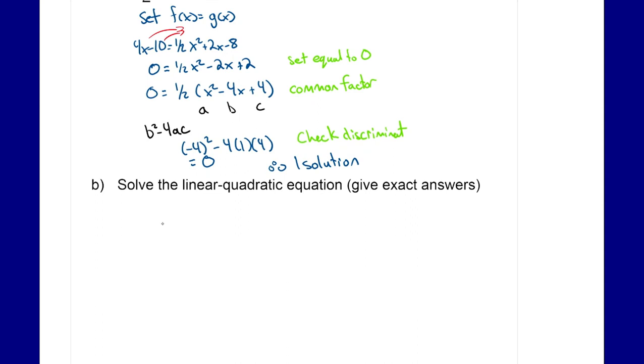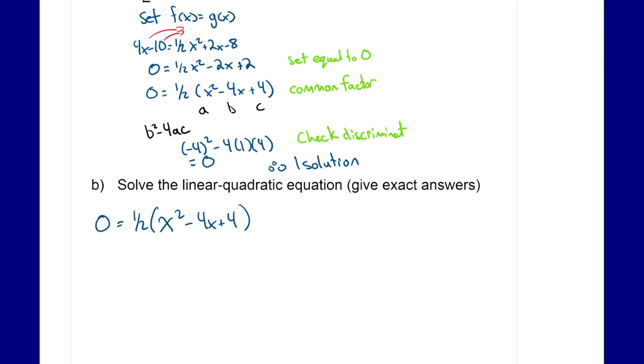So if I go back to my system, the x squared minus 4x plus 4. Technically we have the 1/2 out front, and it's all equal to 0.